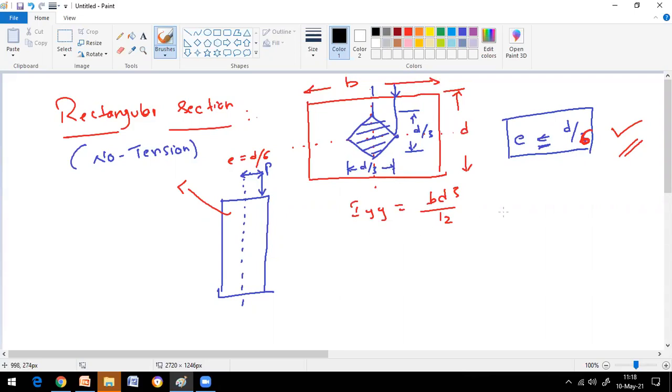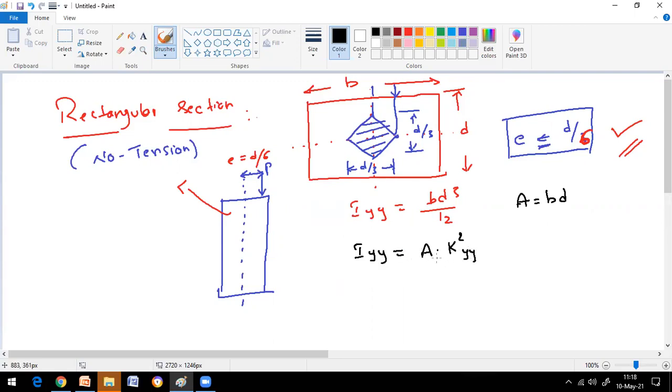What is the area? B into D. Iyy can be written as A into k²yy, right?